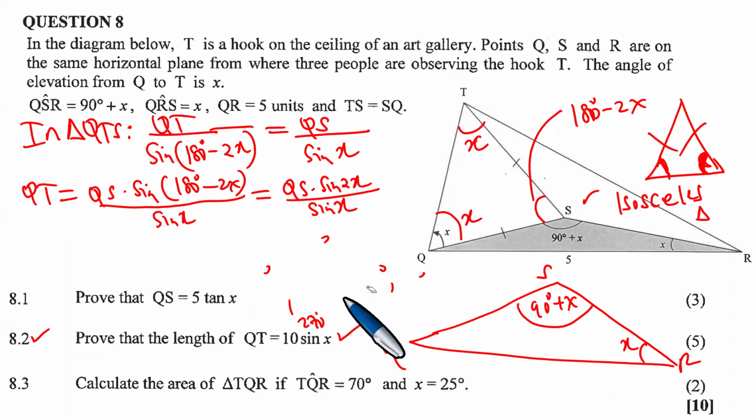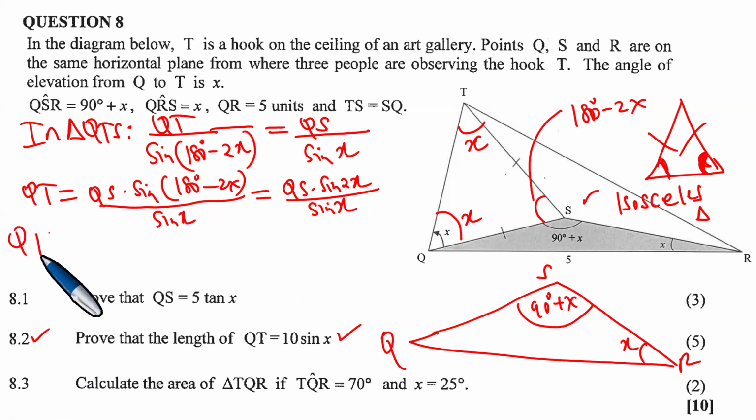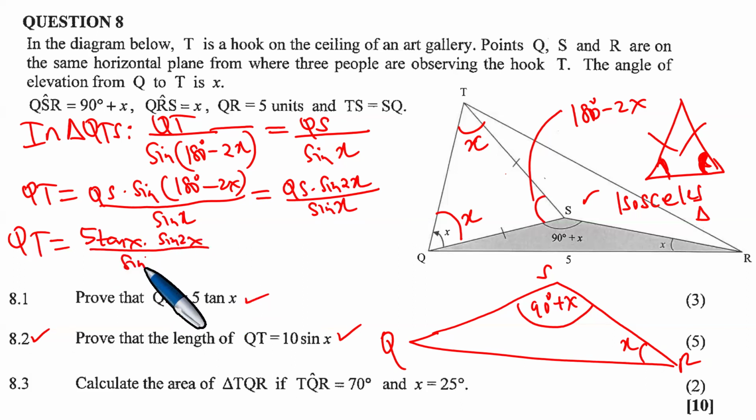Let's check and see what we're getting. QT is what we want. QS we already know. What is QS? It's 5 tan x. So in the place of QS, we put 5 tan x, times sine 2x over sine x.